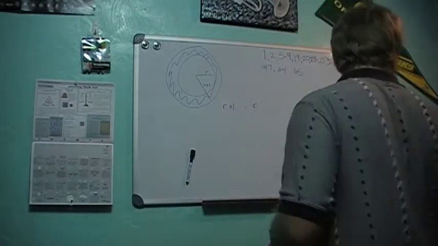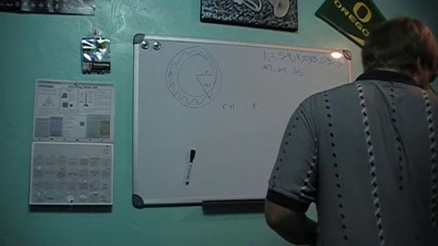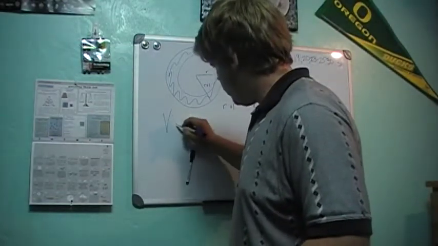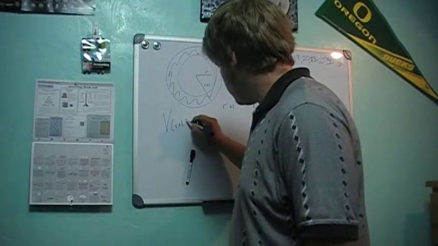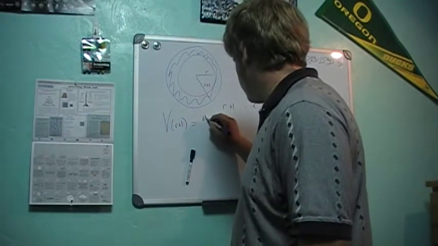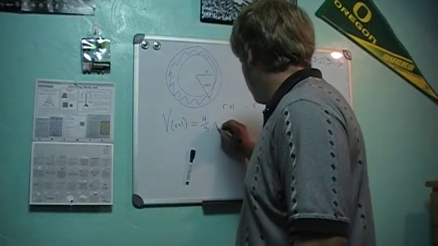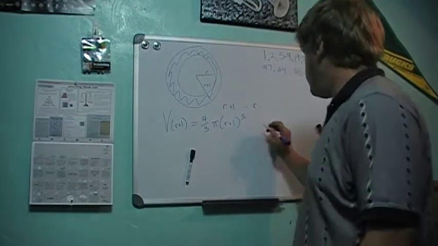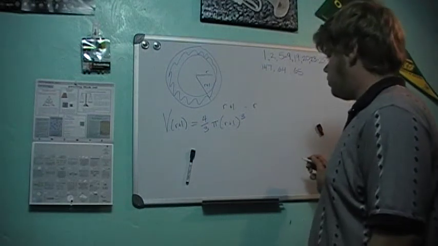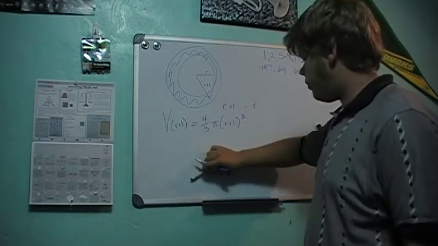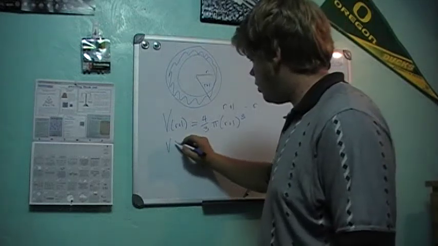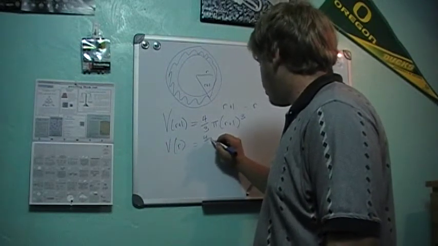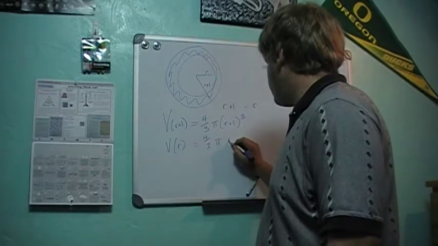that is the premise. So we're going to start out by finding v of r plus 1, which equals 4/3 pi (r plus 1) quantity cubed, and that's it. Now we'll find the volume of just regular r, and that equals 4/3 pi r cubed.